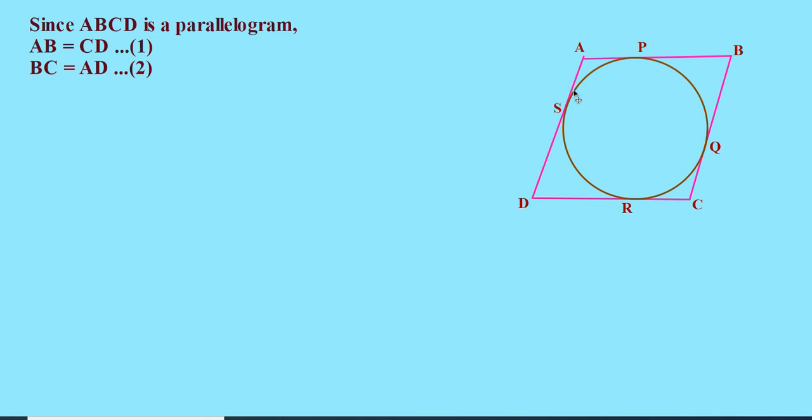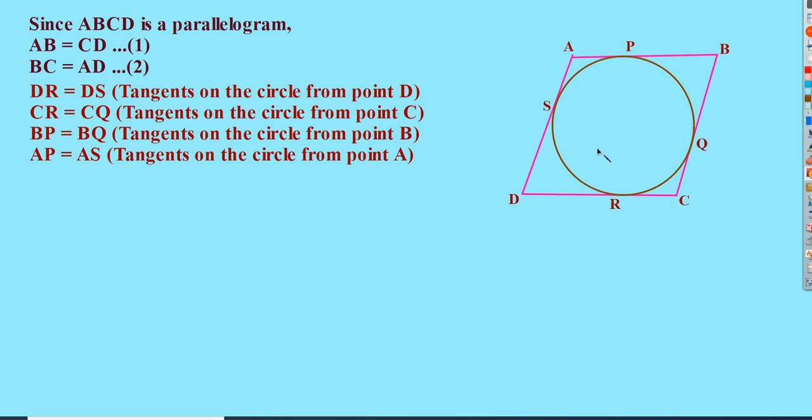So we can write it as DR is equal to DS, tangents from point D. Then you take CR is equal to CQ. That means DC is equal to DR plus RC.